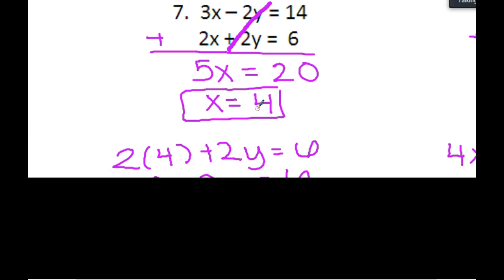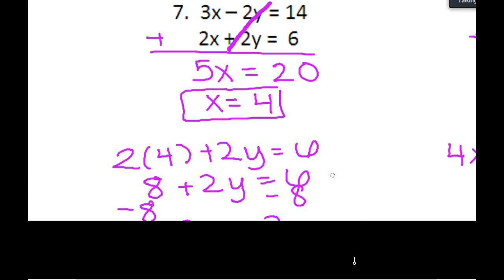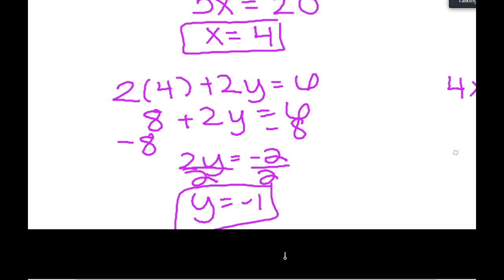Taking that 4 and plugging it back in, I solve for y. So you combine like terms, group them together, and we get y equals negative 1.